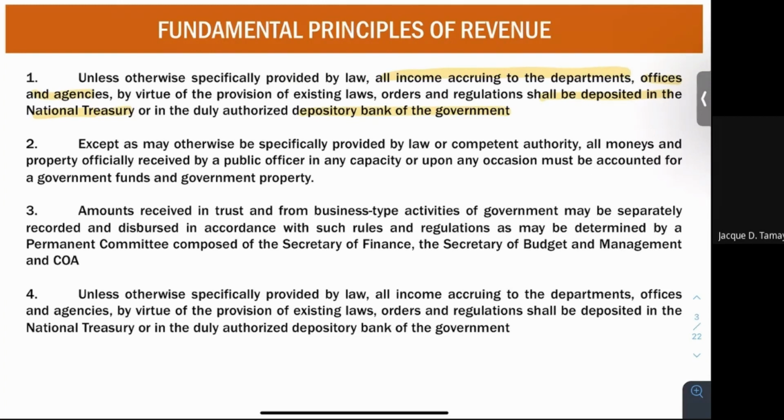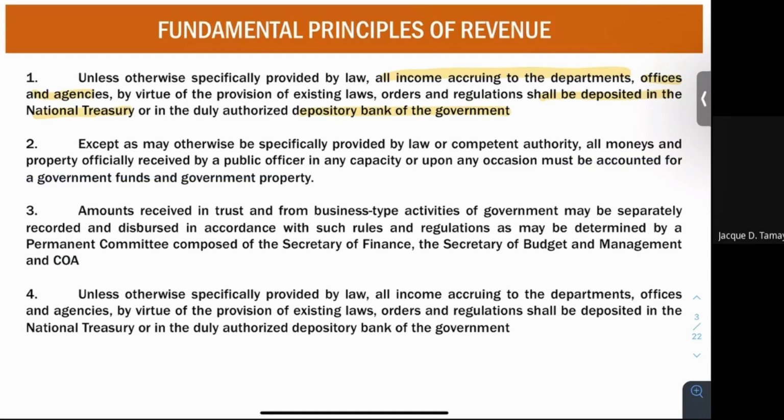Next, number two: except as may otherwise be specifically provided by law or competent authority, all monies and property officially received by a public officer in any capacity or upon any occasion must be accounted for as government funds and government property.